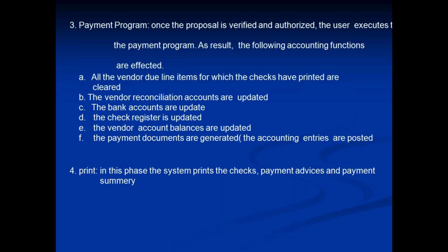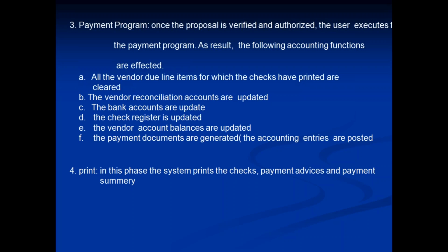As a result, the following accounting entries will be effective. All your vendor line items for which the payment has been done or the checks have been printed will be cleared. The vendor line items for which we have processed the check or the payment will get cleared.